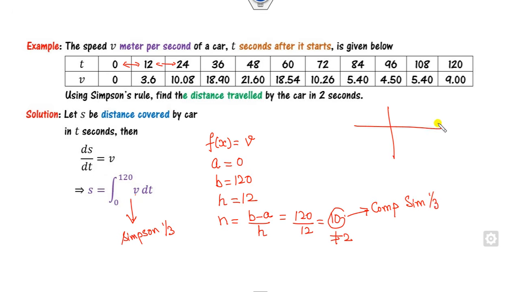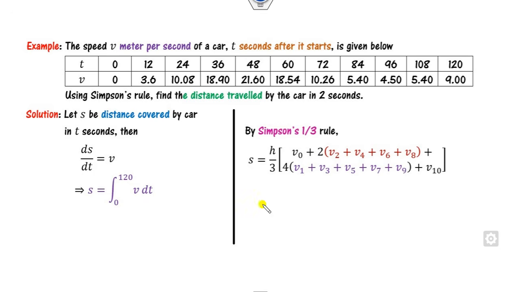I can make a table. Okay, so how can you do it? I can make a table of x and y equal to v, but because v is already there, there is no need to write the table. So this value is my v0, this value is my v1, v2, v3, v4, v5, v6, 8, 9, 10.